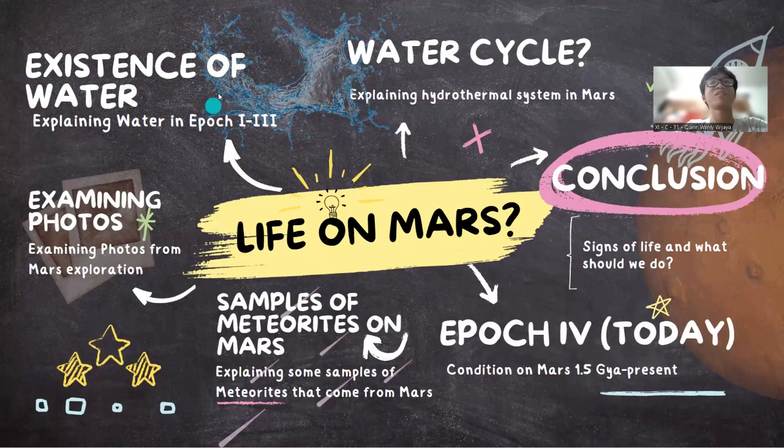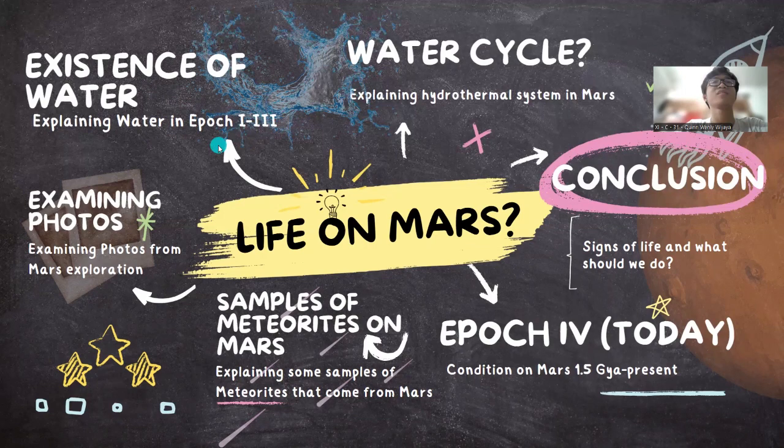During Epoch 3, the mean and the peak temperature of water is always below freezing. So on the surface, there will be no existence of life, but under the surface, there may be some microorganisms or simple organisms living under the Martian surface.